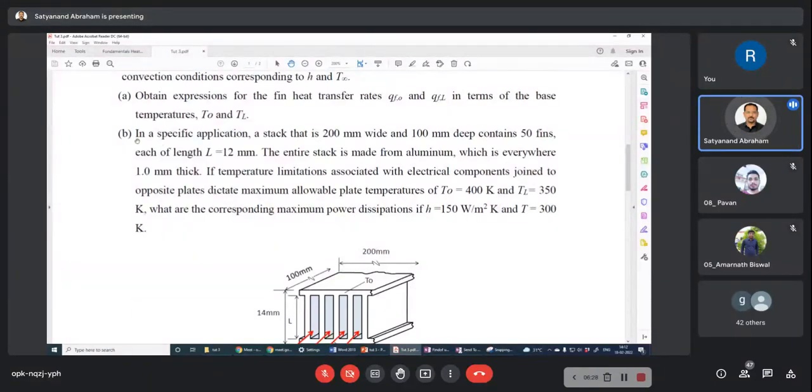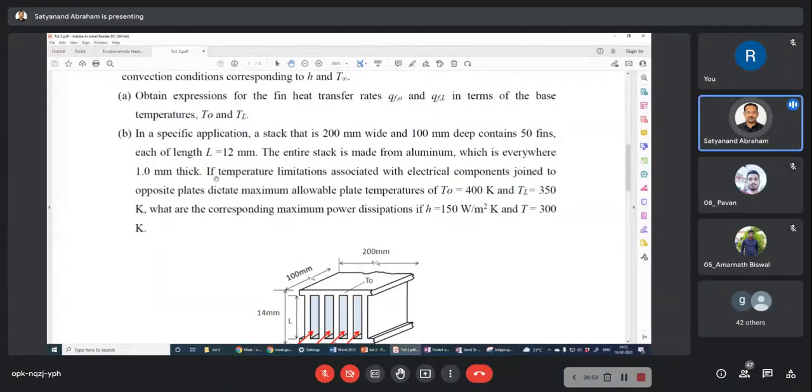So the second part is that in a specific application, a stack that is 200 millimeter wide and 100 millimeter deep consists of 50 fins, each of length 12 mm. The entire stack is made from aluminium, which is everywhere 1 mm thick.